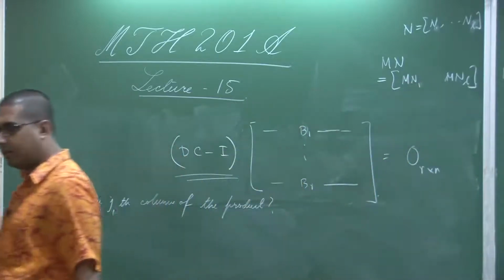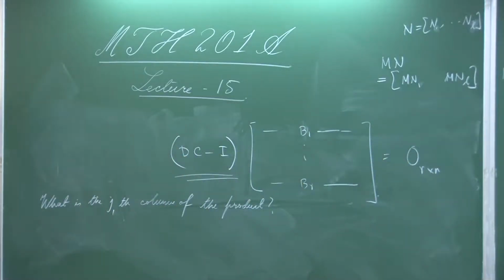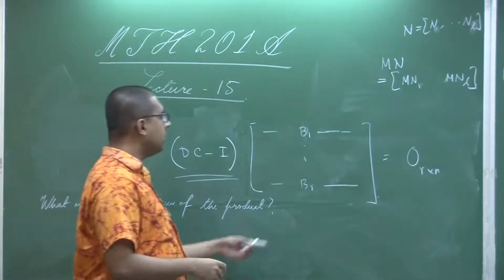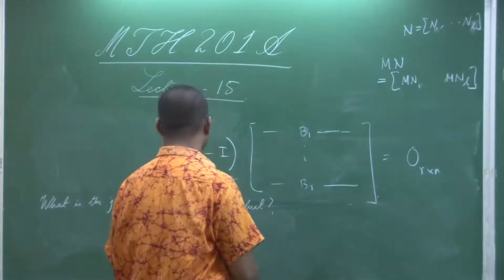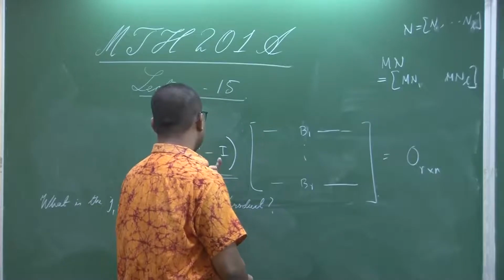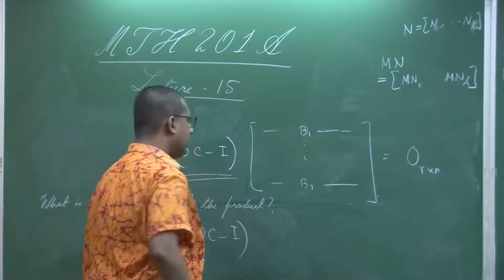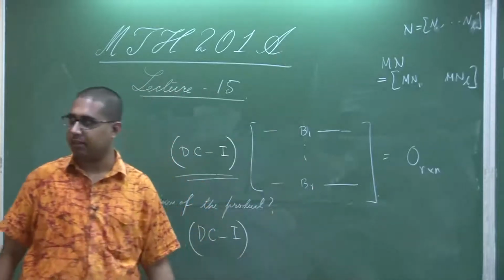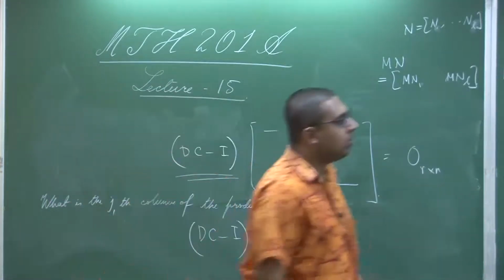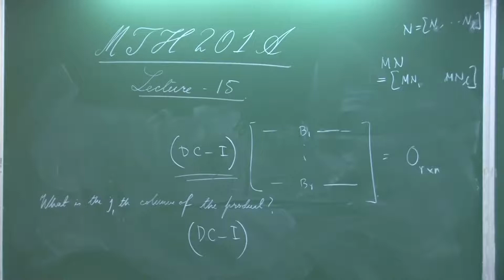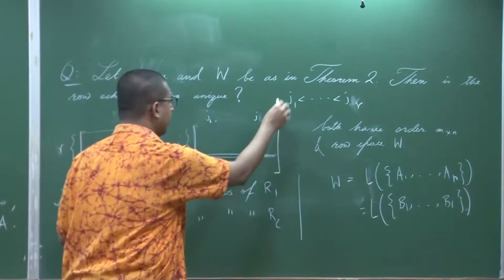This is all we have already observed and we have been using since the beginning. So the J1th column of the product will be this matrix times the J1th column here in B.